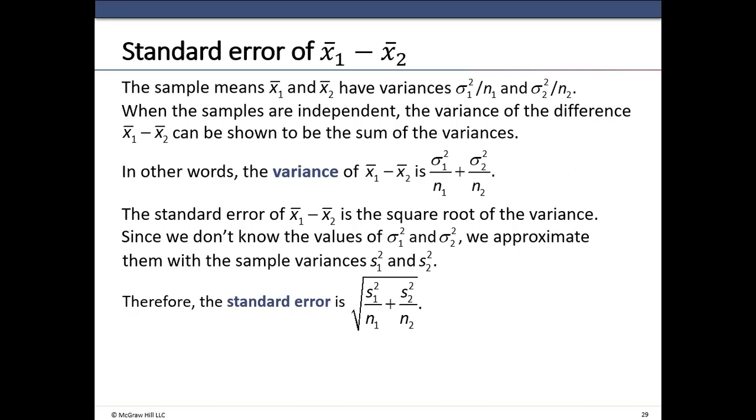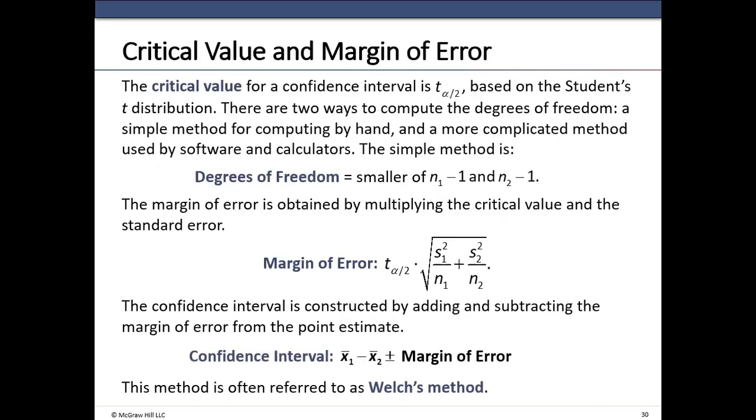Since we don't know the values of sigma 1 squared and sigma 2 squared because these are population variances, we approximate them with sample variances s1 squared and s2 squared. Therefore, the standard error is the square root of s1 squared divided by n1 plus s2 squared divided by n2. The critical value for the confidence interval is t alpha over 2 based on the Student's t distribution.